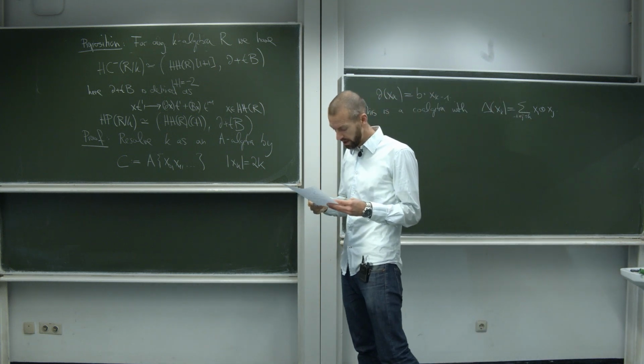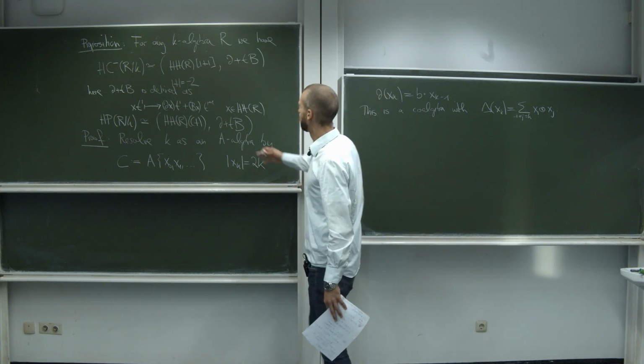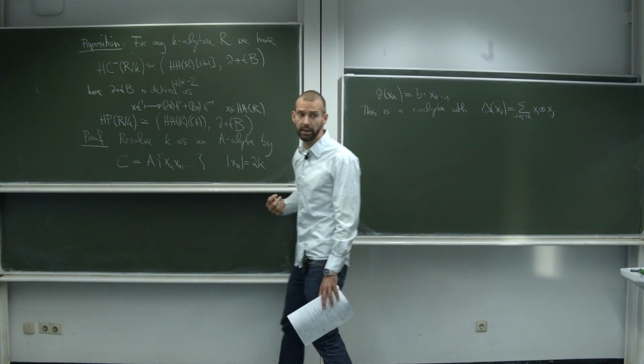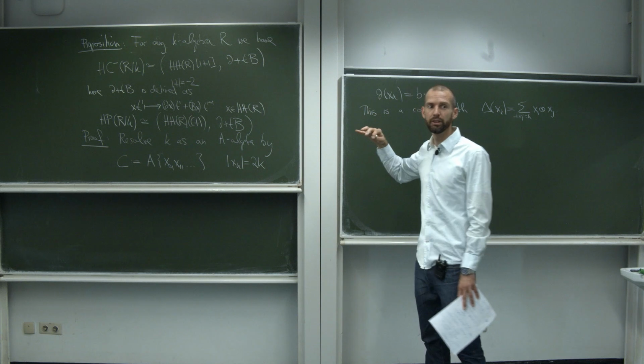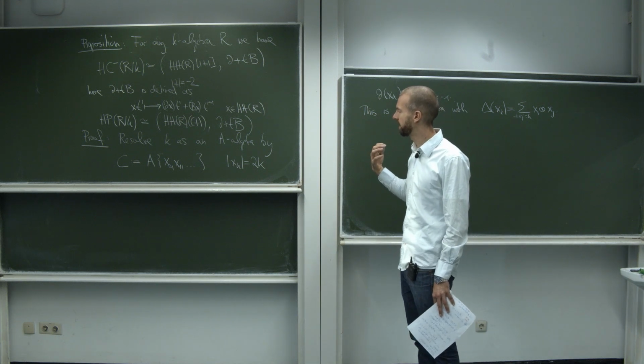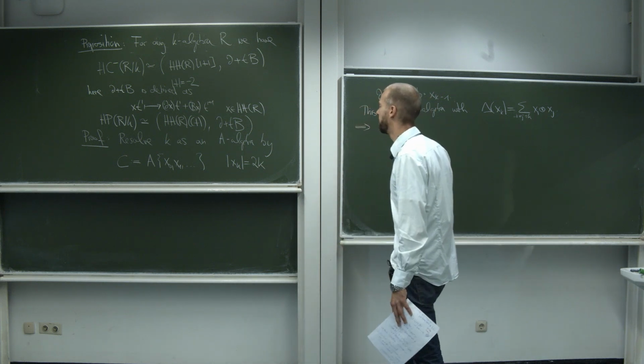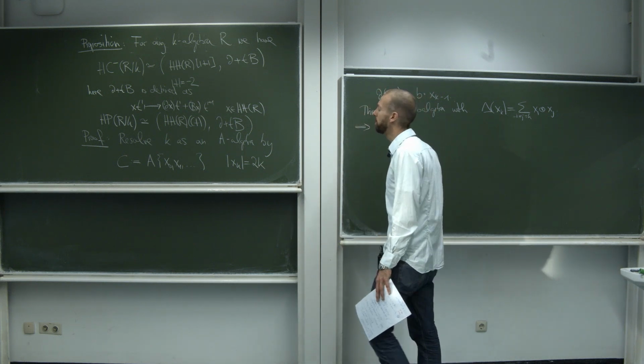Okay, that gives us a coalgebra structure, which will be relevant for why I write this as a product. I'll explain a little bit what the significance of this coalgebra structure is in a second. For the moment, we don't really care about the fact that it's a coalgebra. We just need to resolve it as a DG module.